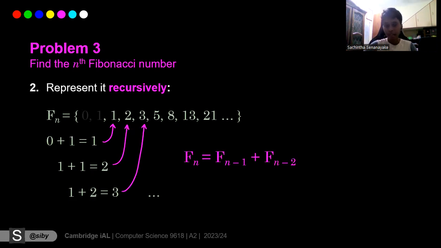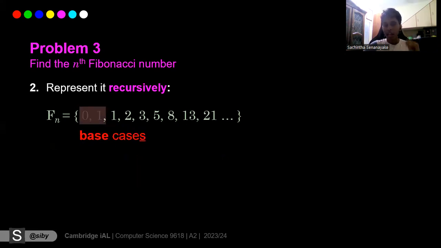Fn is equal to Fn minus 1 plus Fn minus 2. So this is already represented recursively, where you represent Fibonacci using a previous Fibonacci number. As I said, the 0 and the 1 will become our base cases or ending values. We'll see how that's implemented.